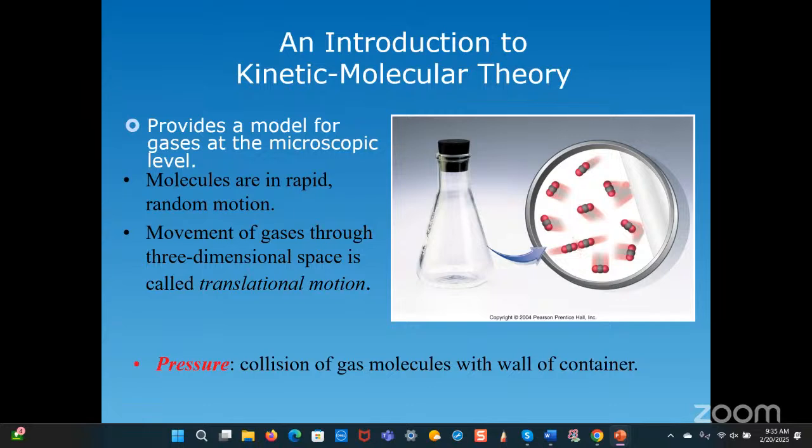So based on our understanding of the behavior of gas particles at a microscopic level, we can relate that to certain properties that gases will exhibit. For example, everybody knows that a gas will exert pressure on the walls of the container that they're in.